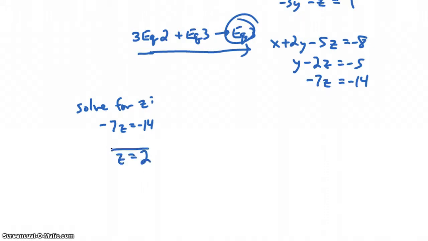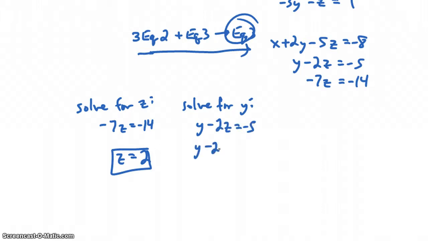Now if we go back into the middle equation and solve for y, we have y minus 2z equal to -5. We know z is 2, so y minus 2 times 2 is equal to -5, or y minus 4 equals -5. Adding 4 to both sides, we get y is equal to -1.